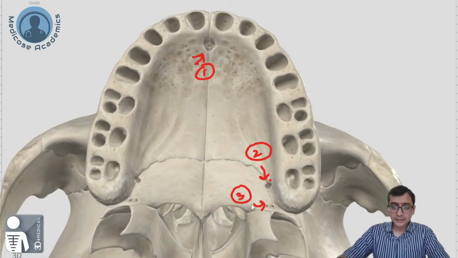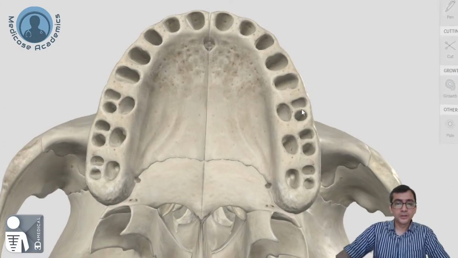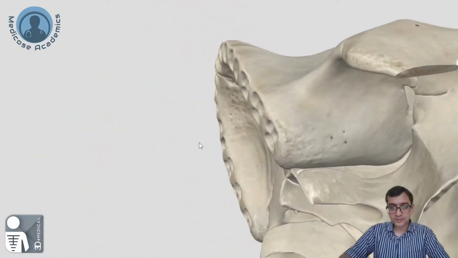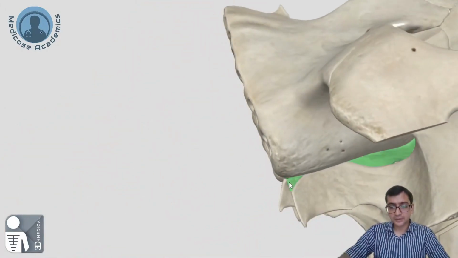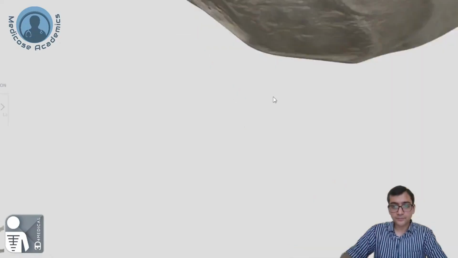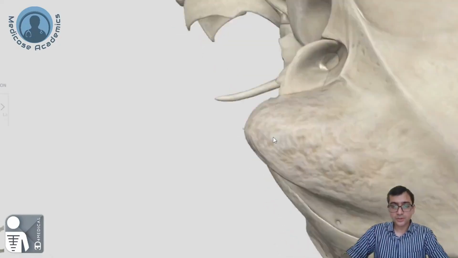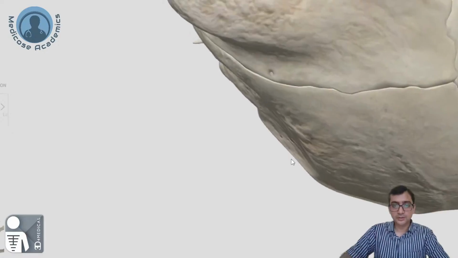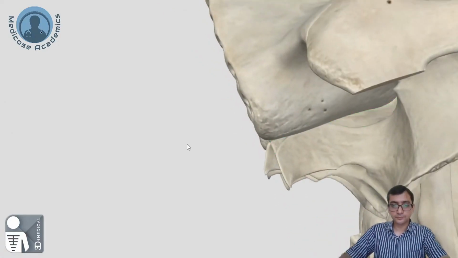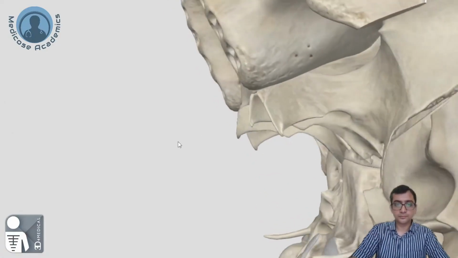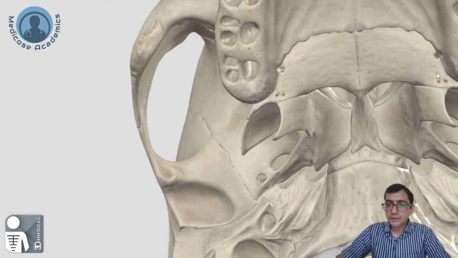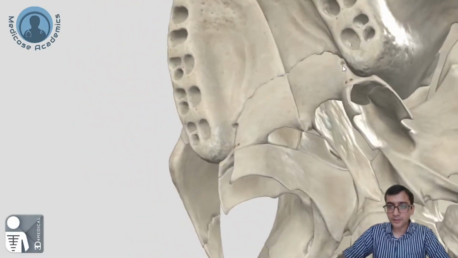And then in the posterior aspect, that is the pyramidal process of the palatine bone. You see that is the same pyramidal process that was seen here in the pterygomaxillary fossa. So this is called the lesser palatine foramina.